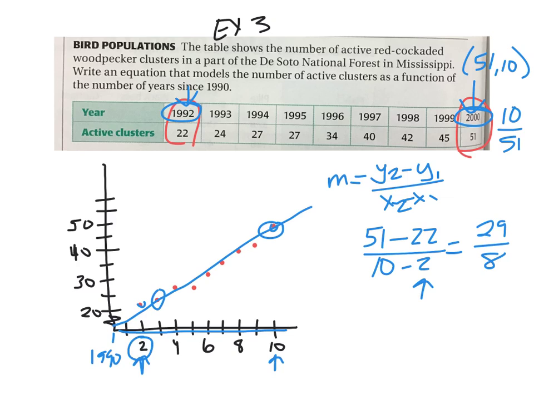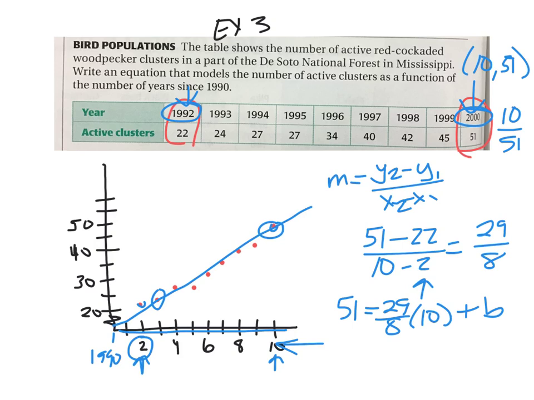How'd you get 10? Same thing here. The year is x. Okay, so I flipped it. That's what I was checking. Year's x, and then the slope is y. So I'm going to say 51 equals this weird fraction, 29 over 8 times 10 plus b. And you're going to get a decimal, and that's fine.